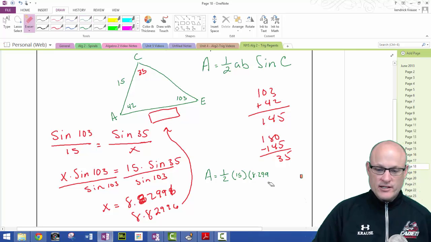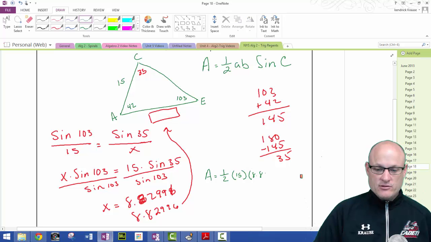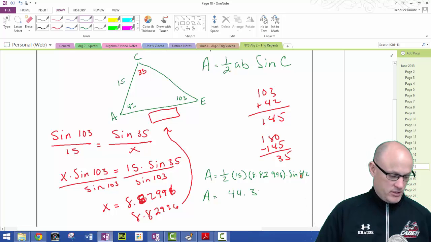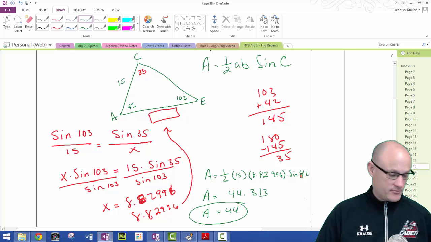I don't know why I keep forgetting that 8. 8.82996 times the sine of the angle between them, in this case 42. And if I do that, I put this in my calculator, I get 44.313. So my area is equal to 44 square miles.